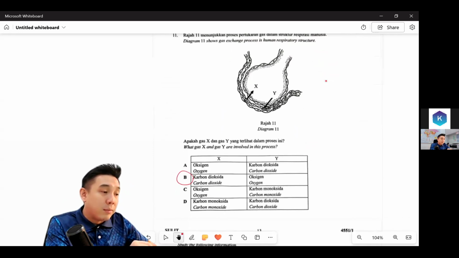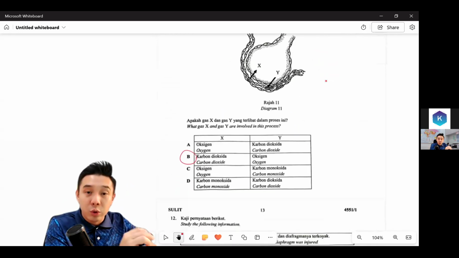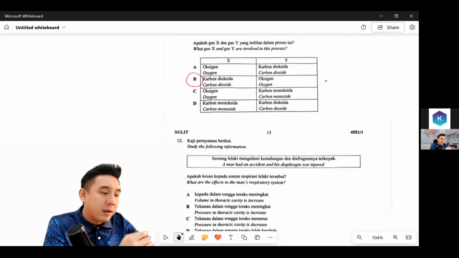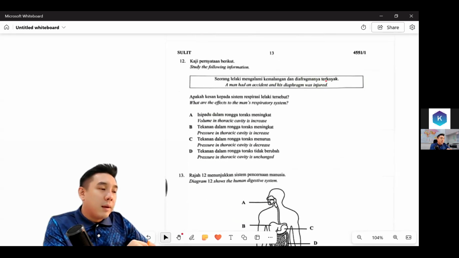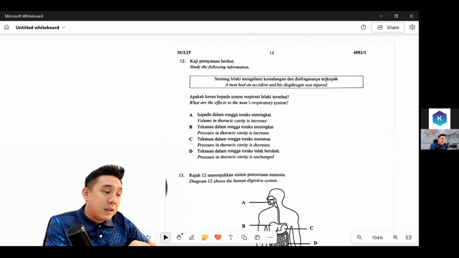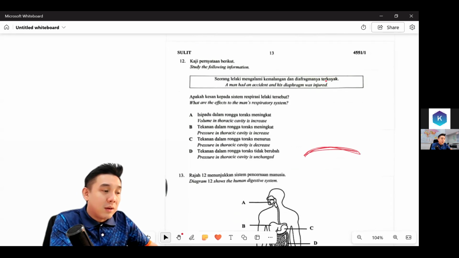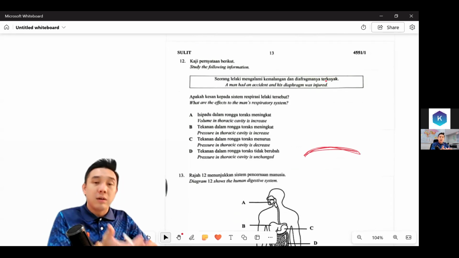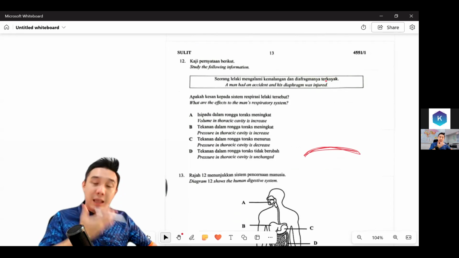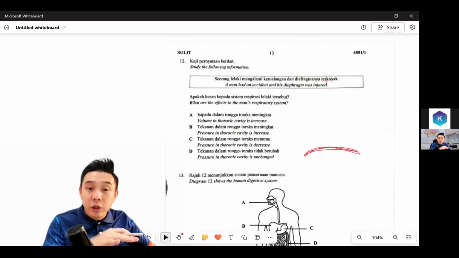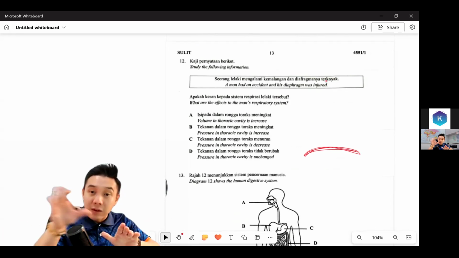11 you should get B, because CO2 will move out to be excreted while Y is oxygen supplied to the body cells. Okay, a man had an accident, diaphragm was injured. Diaphragm is the layer of muscle. So if that is injured, it's very hard to carry out inhalation because the original shape is curved upwards.